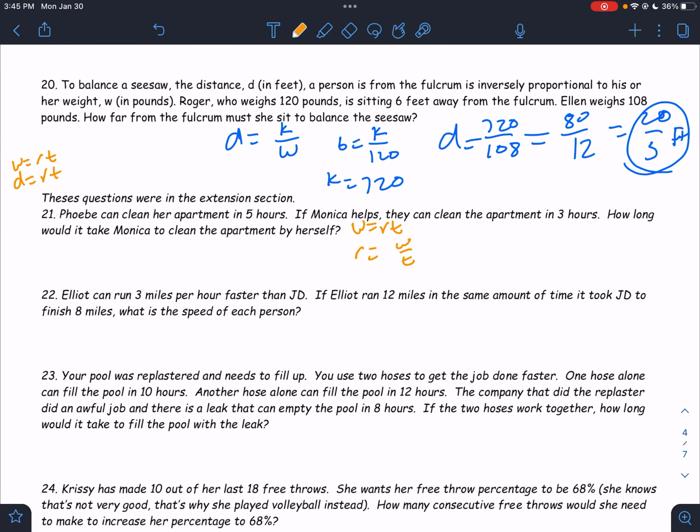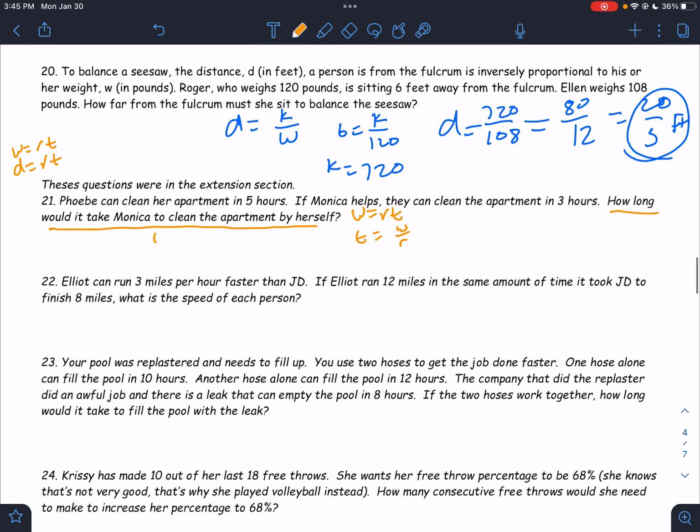And again, I struggle thinking about these. So Phoebe can clean her apartment in 5 hours. I'm going to change my mind. See, I told you I'm going to change my mind. I'm sorry, guys. But the question is, how long would it take? So actually, I'm going to solve this for T. T is going to equal the work divided by the rate. I like that better.